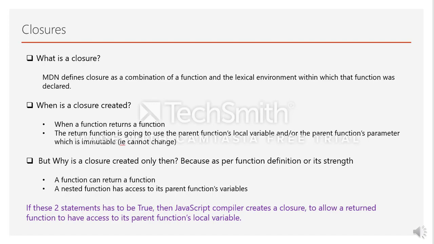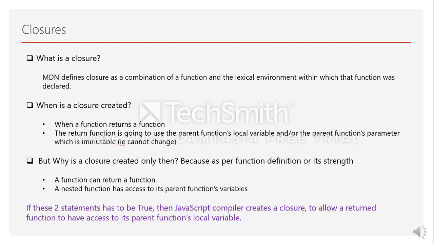A closure is created when a function returns a function, and the returned function is going to use the parent function's local variable and/or the parent function's parameter, which is immutable. So in these two conditions, JavaScript will create a closure. But why is a closure created only then?